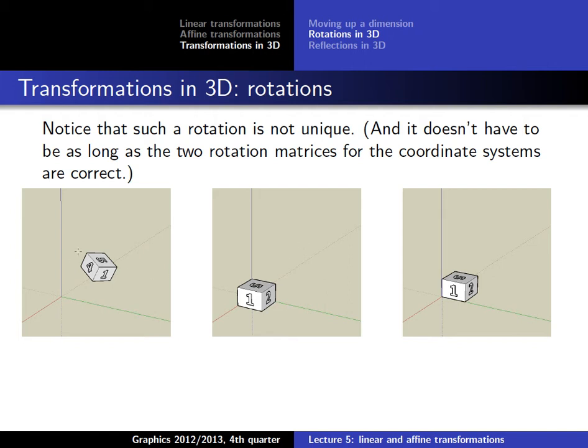So think about it. If you take that cube, for example, and you rotate it with the rotation matrix R1 to this position here, or if you choose a different coordinate system here, so we just have this one vector, and now we're creating a coordinate system. And depending on how we create that coordinate system, we might also end up here.